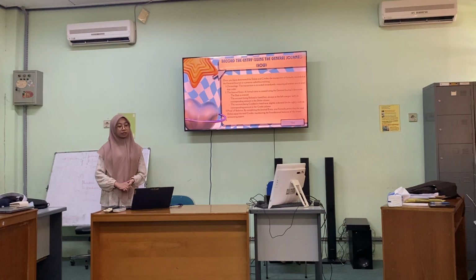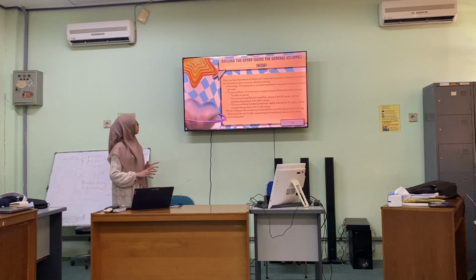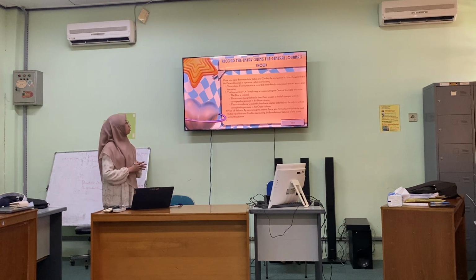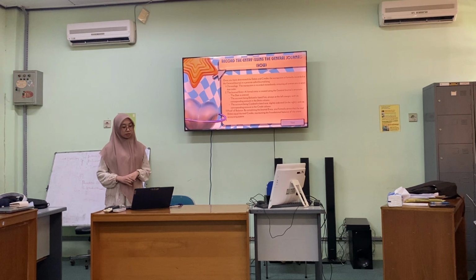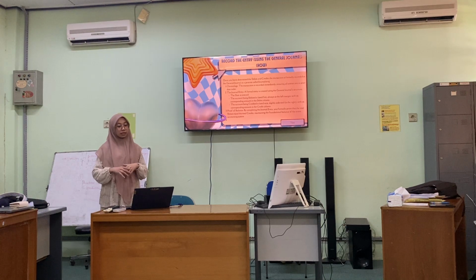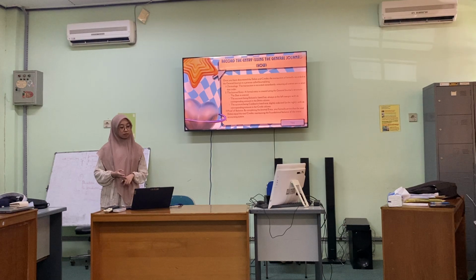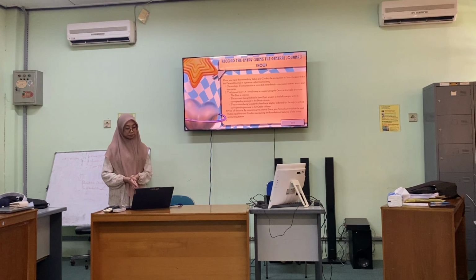Next, record the entry using the general journal. Once you have determined the debits and credits, the transaction is formally recorded in the general journal in a process called journalizing. So first, chronology. The transaction is recorded immediately, ensuring all the entries are in strict date order. And second, the journal entry. A formal entry is created using the general journal structure, like the date, the account, and also the amounts of debit and credit.